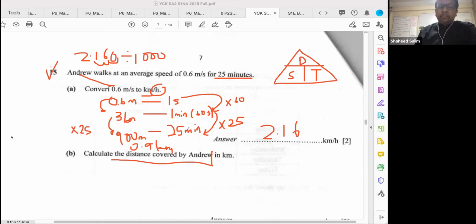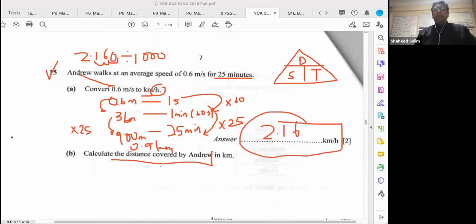Or you can also use this one. How to do? Okay, you want to find distance. Distance equals speed times time. Say you already got 2.16, right? What's the time? Don't just write quarter or whatever. Write the fraction down clearly.